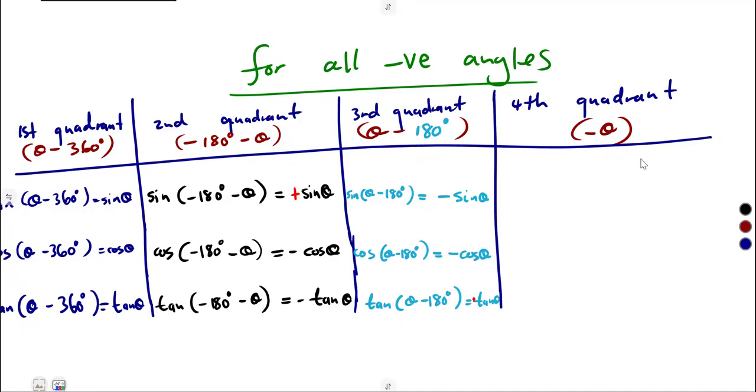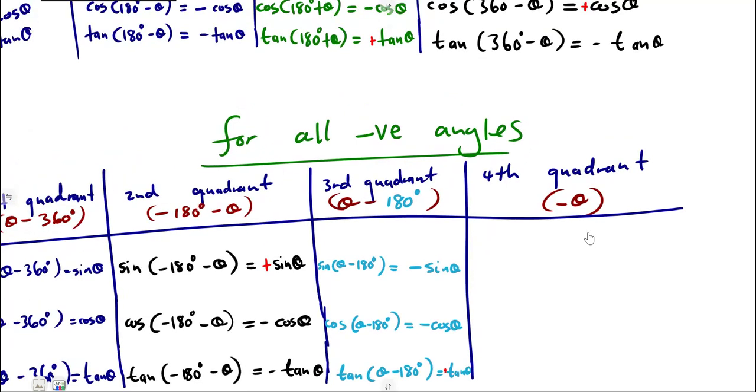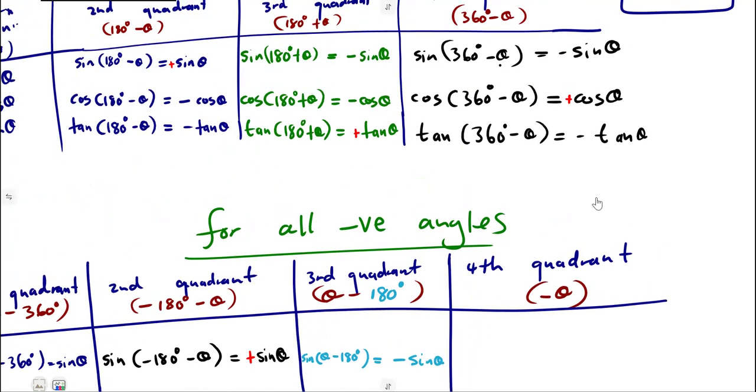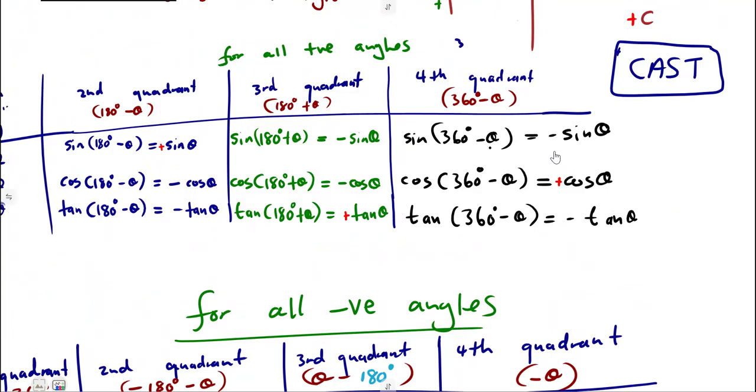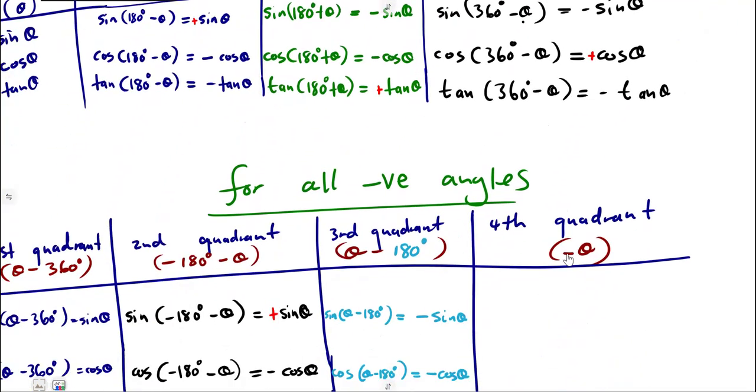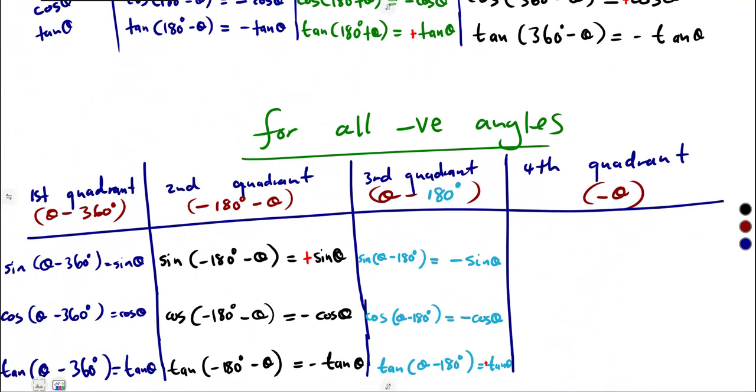If we move on to the fourth quadrant, negative theta, just like what we had before, this is the quadrant for cos. Only cos must be positive, so the rest will be negative. So the cos of that angle in the fourth quadrant, which is minus theta, is positive cos.